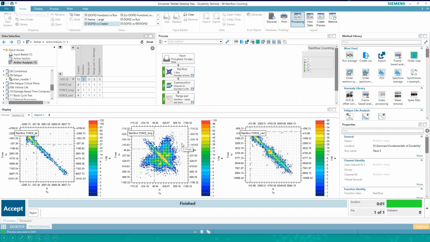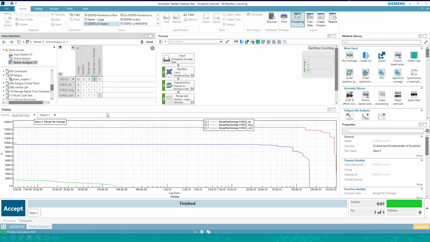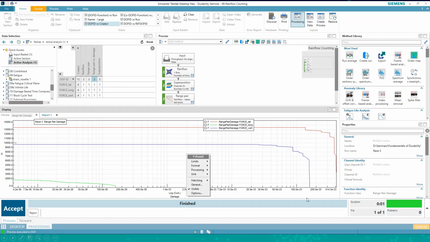So now we can look at a range pair. Range pair is going to give us the number of cycles, but the one we look at a lot is range pair damage. This is in damage values. So you can see from here, the lateral is the most damaging, the vertical, and then this one is significant orders of magnitude.